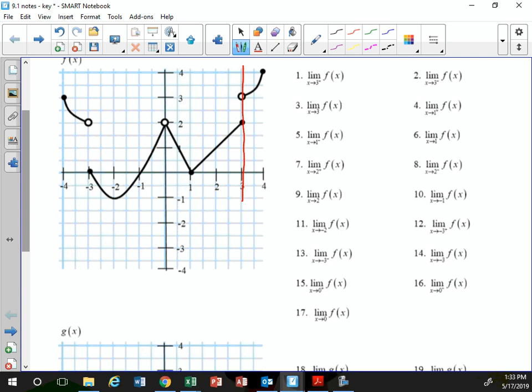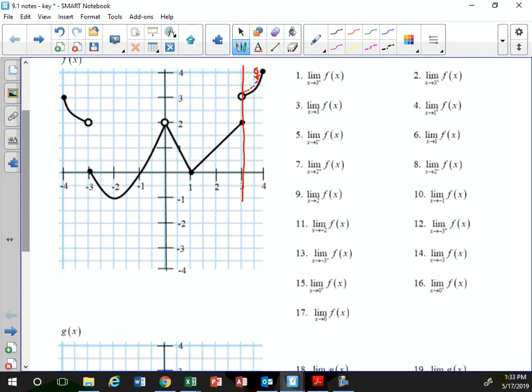So as I'm approaching 3 from the right, and you have to know your right and left, coming from the right means I'm starting over here on the right and walking towards the wall. So I'm going to draw a little stick figure on your graph, and he is walking towards the wall. He's got to walk on the graph. He can't just float around anywhere.